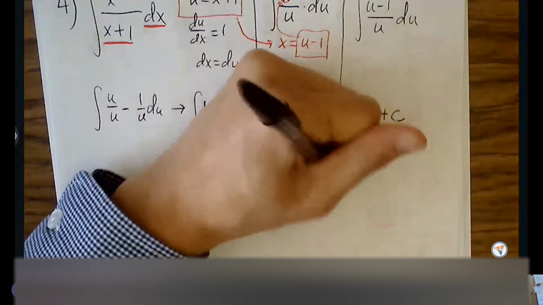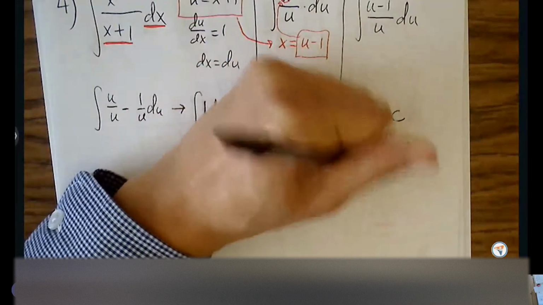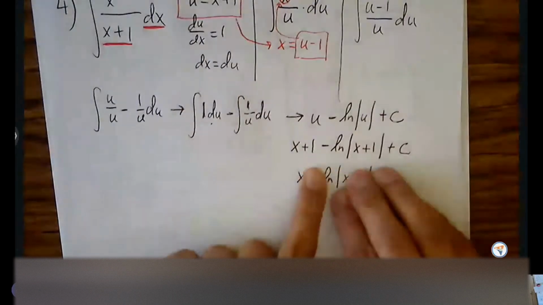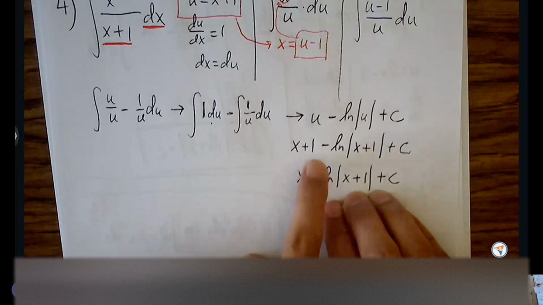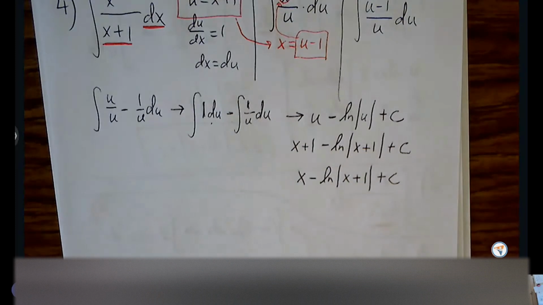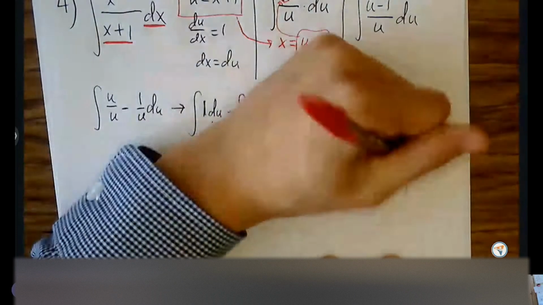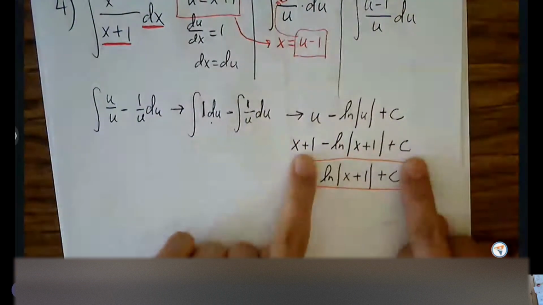because if you come across this problem on the AP exam and this is what you got, and the only answer choice is this, that's why. It's because they're taking any constant and making it merge into that plus c. But I'm not taking any points off. This isn't wrong.